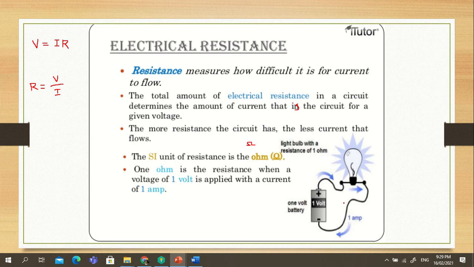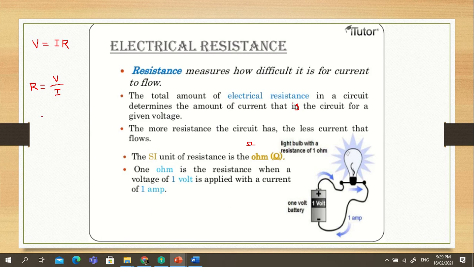So we have here an illustration of the statement. We have 1 volt, 1 ampere, and the resistance is 1 ohm.